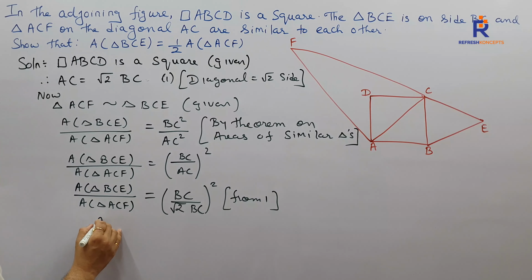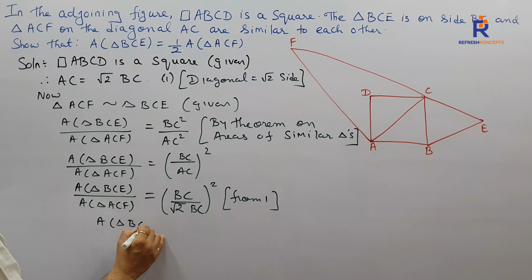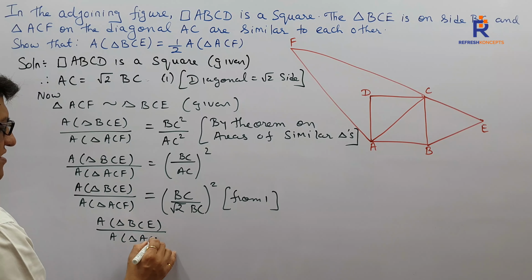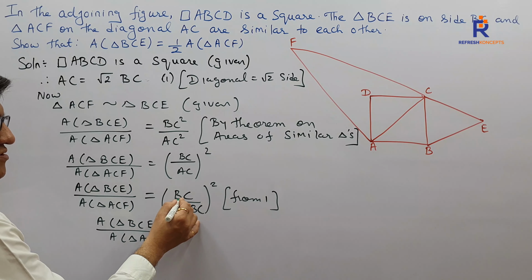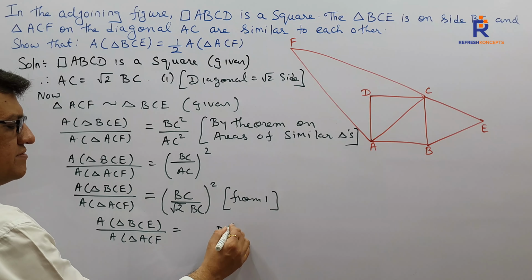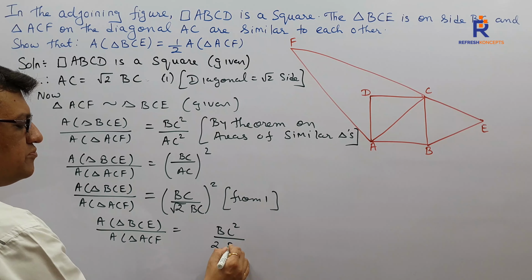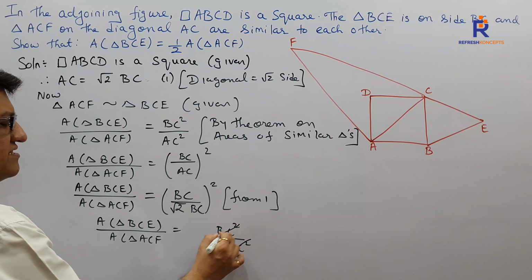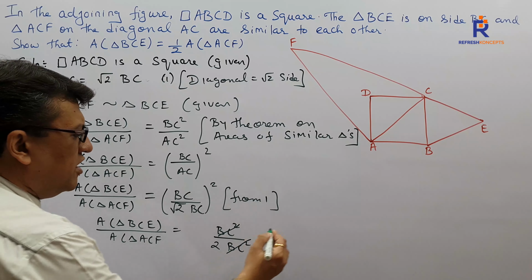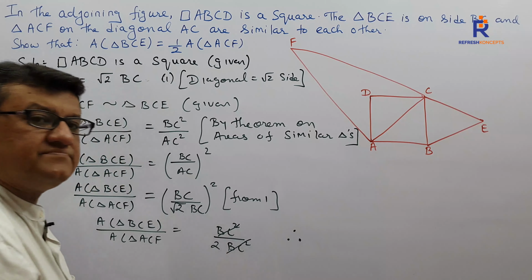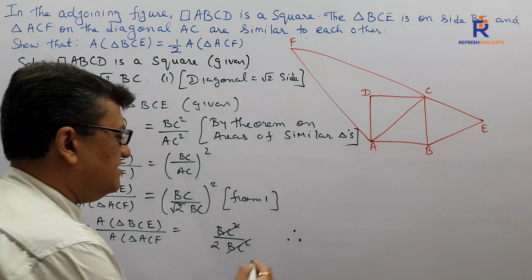What next? Area of triangle BCE upon area of triangle ACF is BC square upon root 2 square times BC square. Can't I cancel BC square? Therefore, what is my answer?